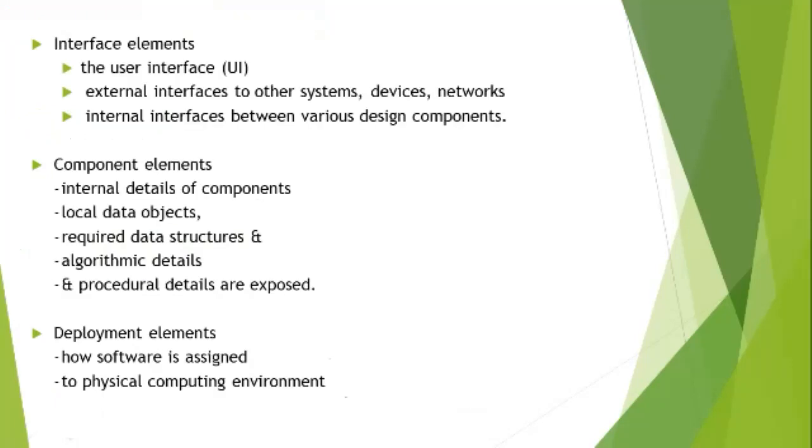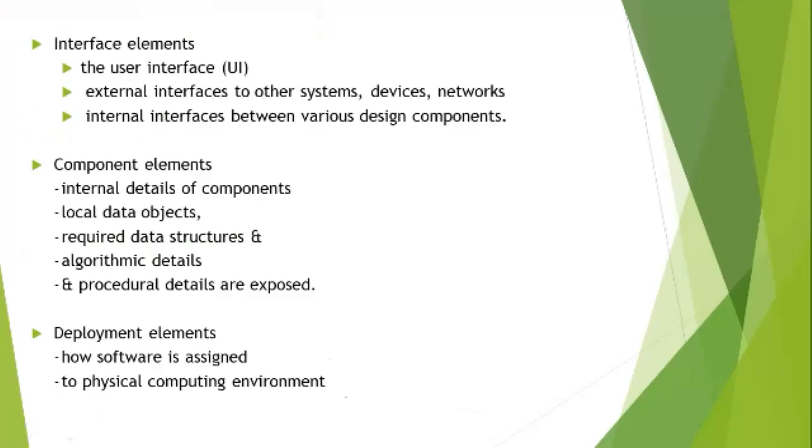Here are the three elements: interface, component, and deployment. In the interface elements, there is a user interface, external interfaces to other systems, devices, networks, and internal interfaces between various design components.